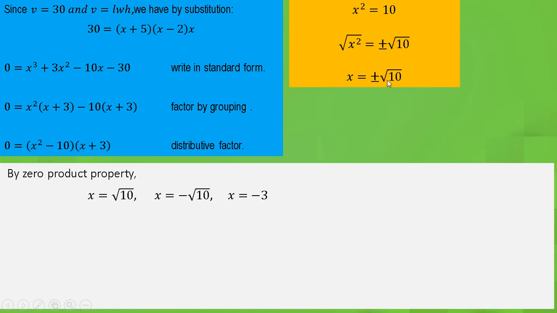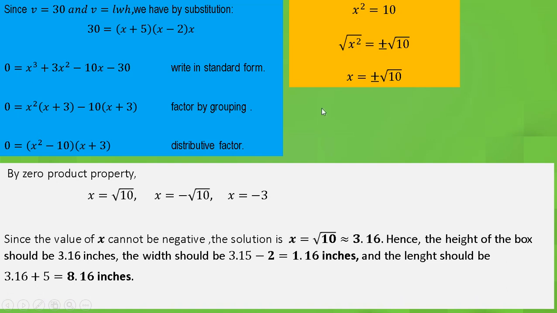Since the value of x cannot be negative, because length, height, and width cannot be negative, we don't have negative measurements. So we'll just use x equals square root of 10, which is approximately 3.16.